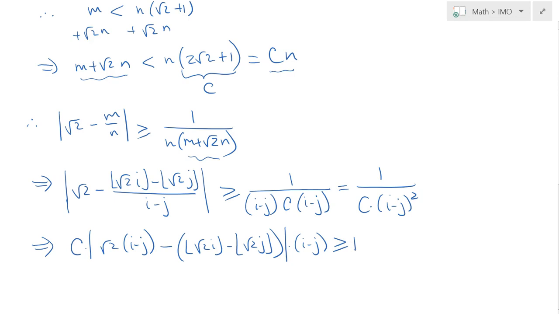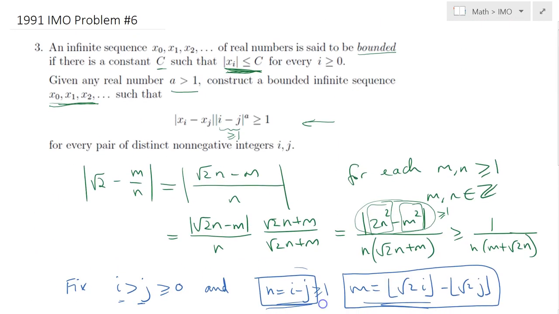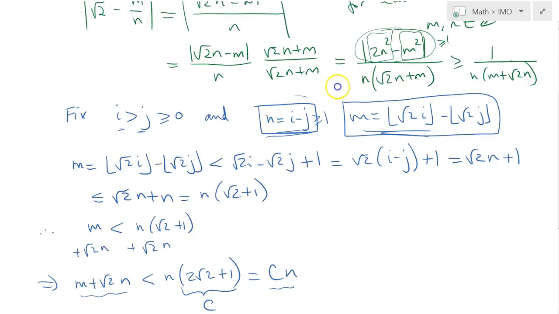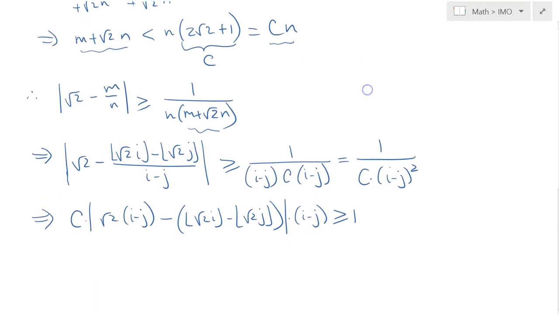So therefore, the question was to construct the sequence, so this whole expression here is the definition for x sub i minus x sub j.